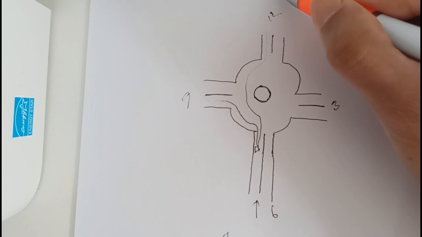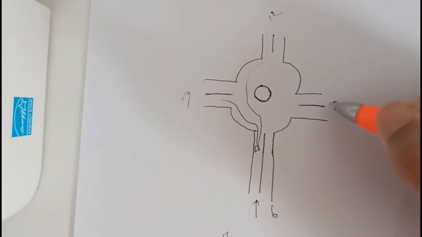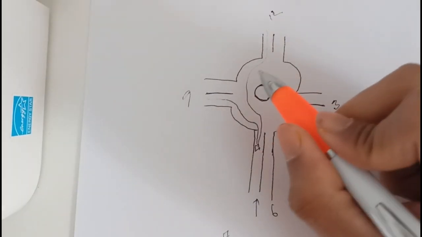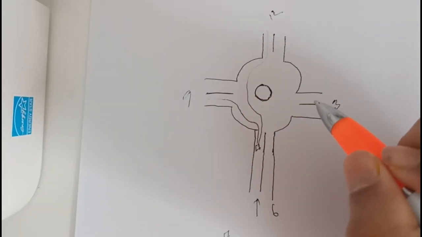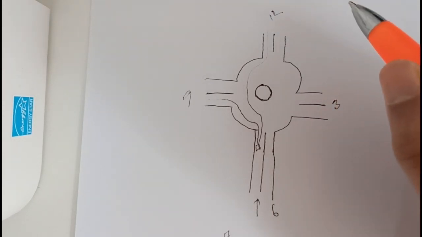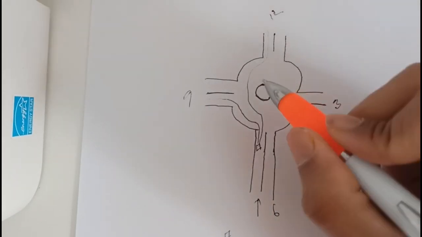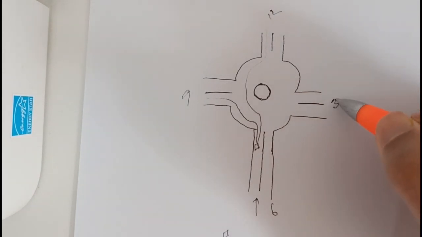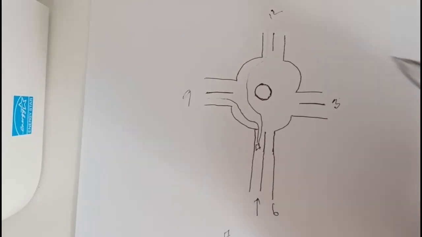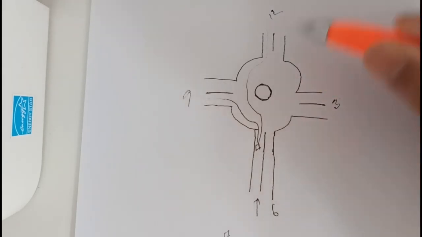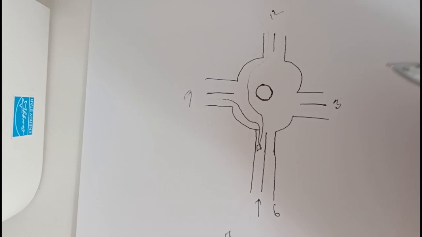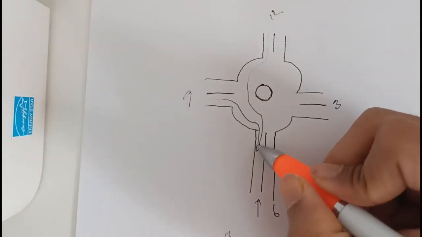If you consider it as a clock, then third exit is right. If the third exit is on the left, then you need to turn your indicator on to the left before going. As this is the third exit right after comparing to a clock, you need to go third exit right.